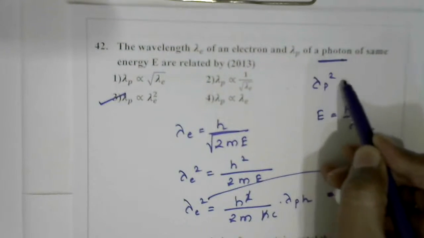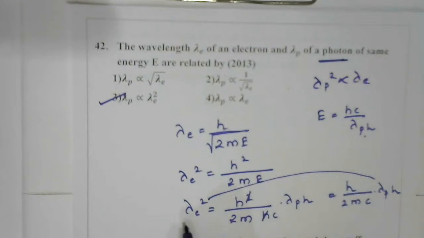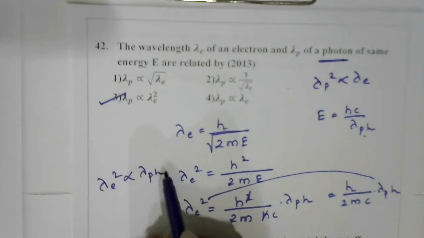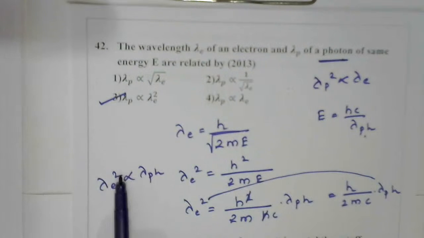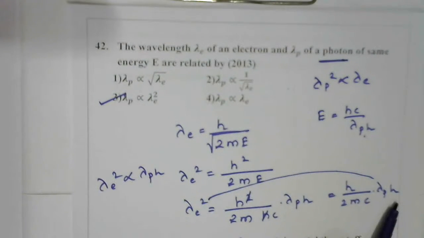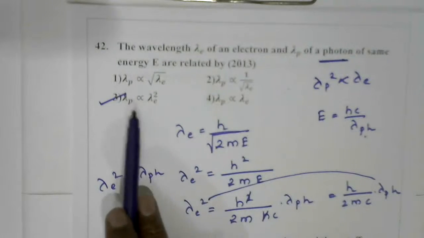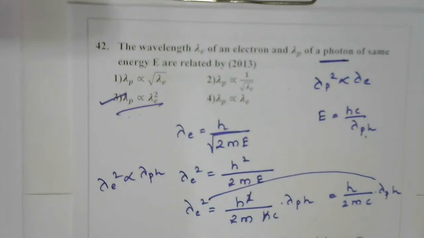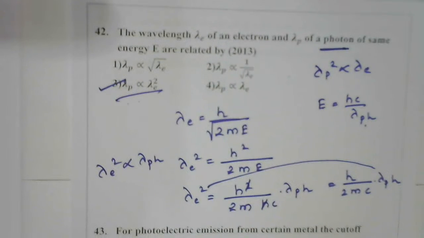Lambda P square proportional to lambda E. But what we have got is lambda E square proportional to lambda of photon. Lambda of electron square is directly proportional to lambda of photon, that is the relation we have got. So this should be the option. The same thing, they have kept reversed, okay. So third option, Sai Prasad. Still, why are some of you giving A, D and all? Santosh?